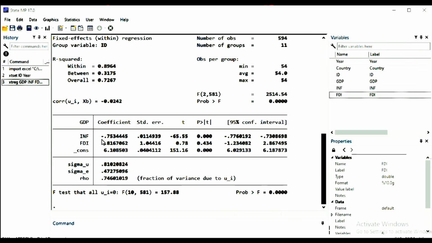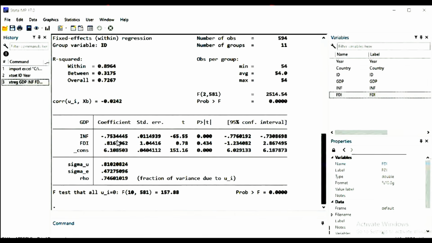As we come to the coefficient estimators, the estimated coefficient corresponding to the inflation variable is, as you can see here, negative 0.7534, with its corresponding probability value of 0.000, which is much lower than the conventional 5% critical threshold for statistical significance. So the relationship between inflation and economic growth is negative and statistically significant, meaning that inflation imposes a negative and statistically significant effect on GDP.